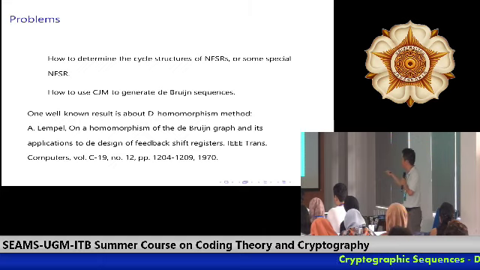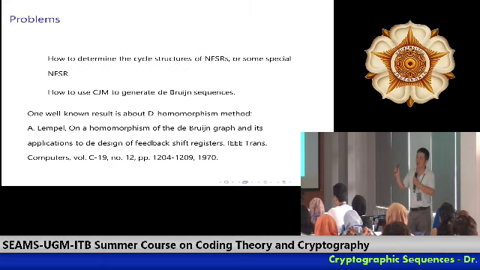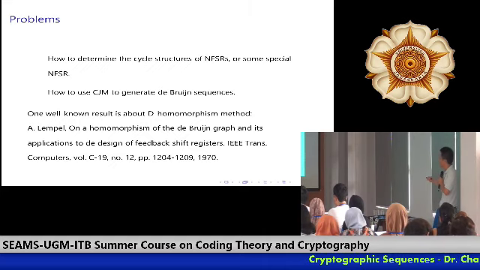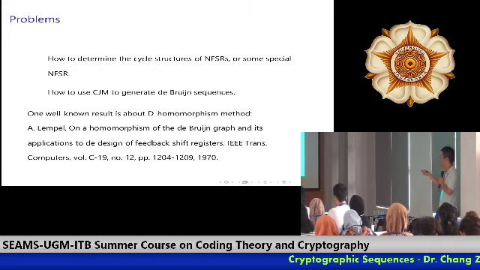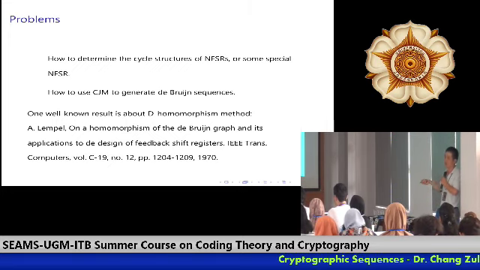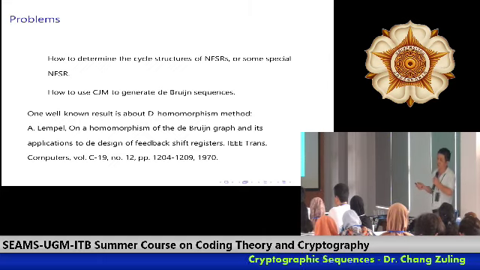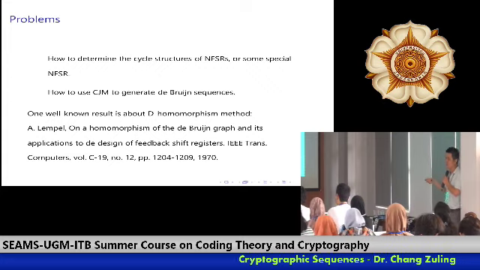So how to determine the cycle structures is important work. And if we determine the cycle structure, then how to generate the different sequence. So these two topics still have lots of questions, if you can do some work on this.